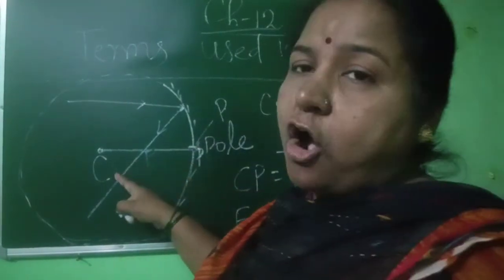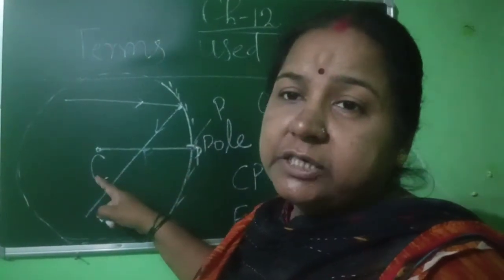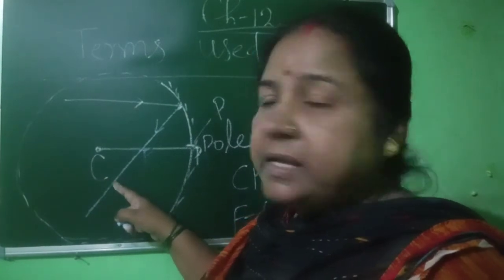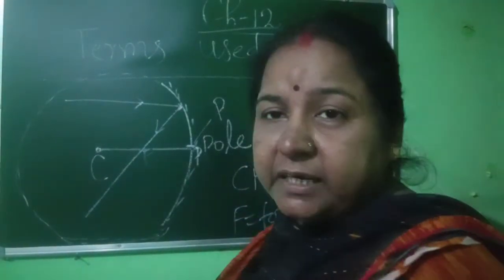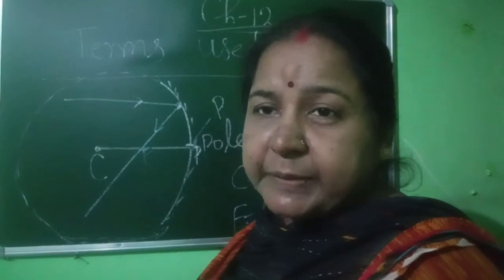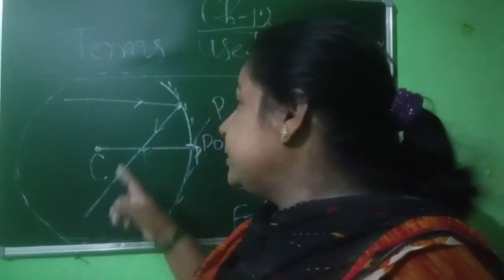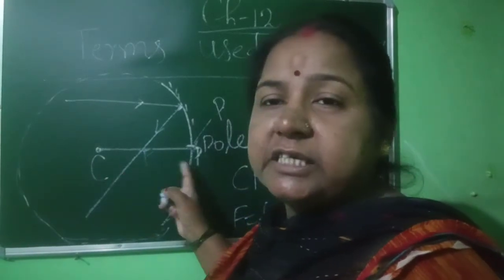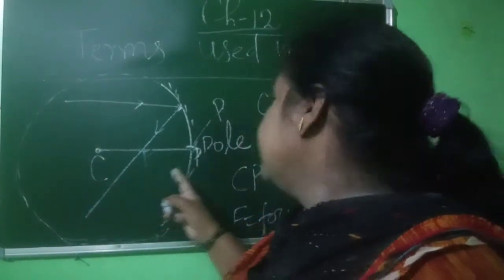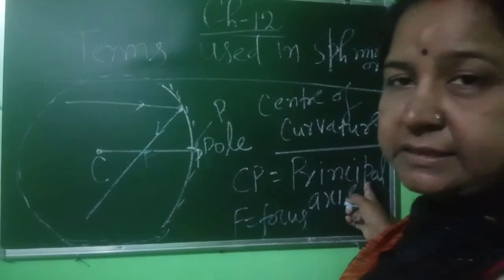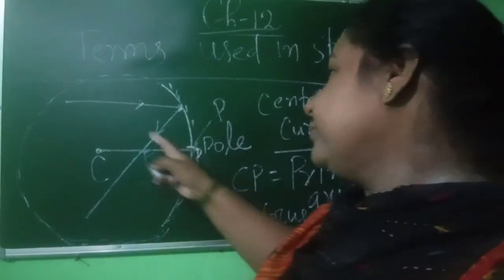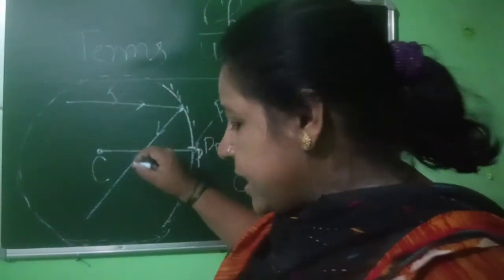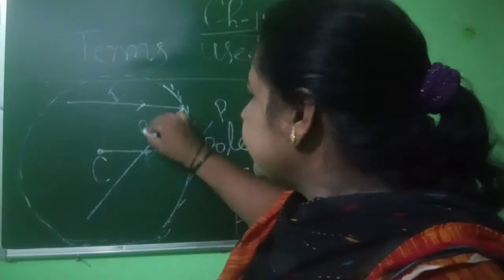Now the center of curvature is the center of the sphere of which the spherical mirror is a part. Now CP, the distance between C and P, is called the principal axis. And this is the incident ray, and this is the reflected ray.